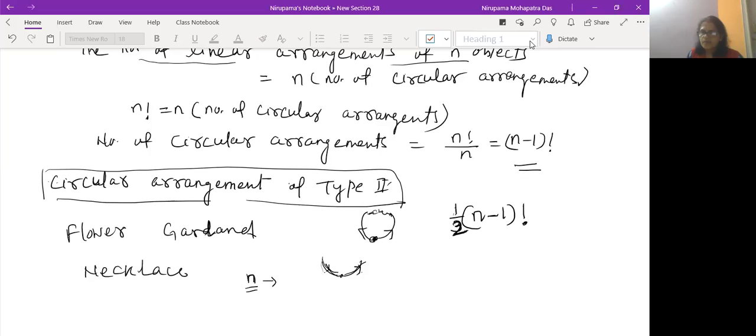In whichever direction we look, the garland or the necklace looks like one arrangement. So the number of arrangements of n flowers to make a garland is half of n minus 1 factorial.